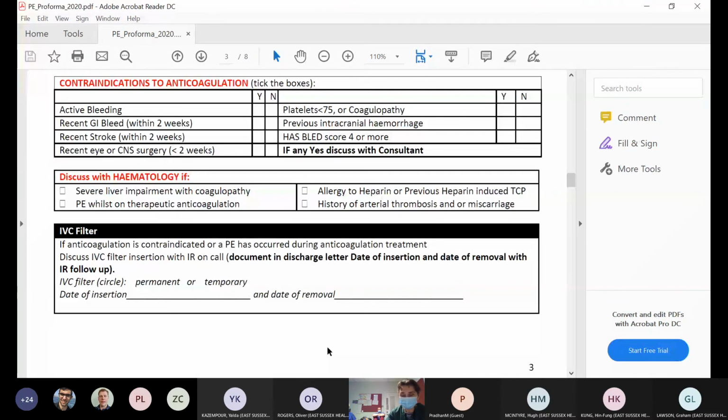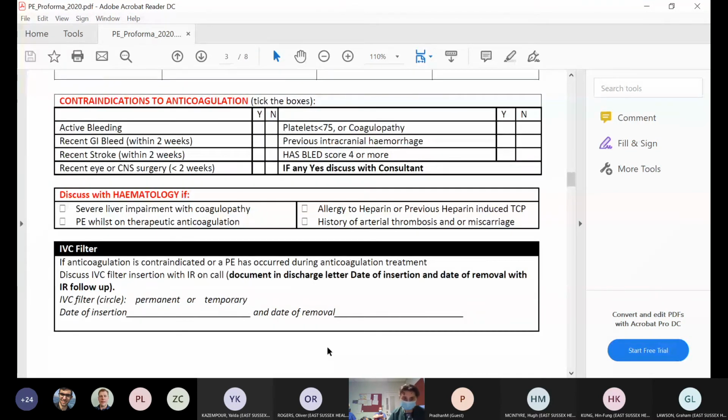These bottom boxes I have to mention, because you have to remember contraindications for anticoagulation and speak to haematologists if it's a complicated case or specialty, because obviously you don't want to cause any harm. And if anticoagulation is contraindicated, you have to think about IVC filters.